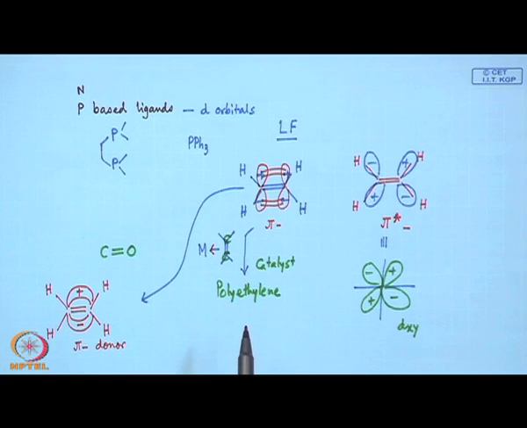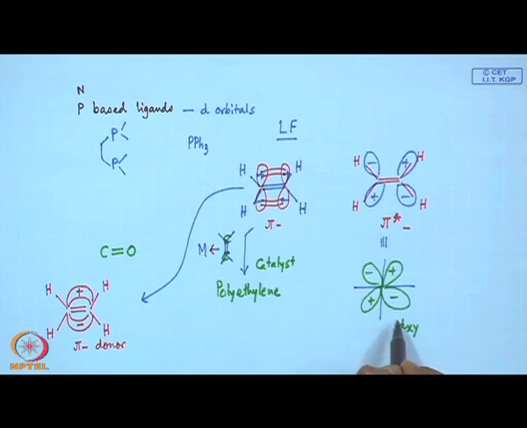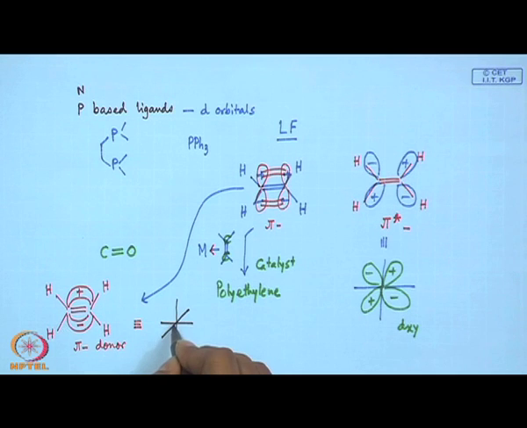It will donate the electron density to the metal vacant orbital, and this orbital has an equivalency with the p type orbital. So, it can very nicely be utilized for donation.